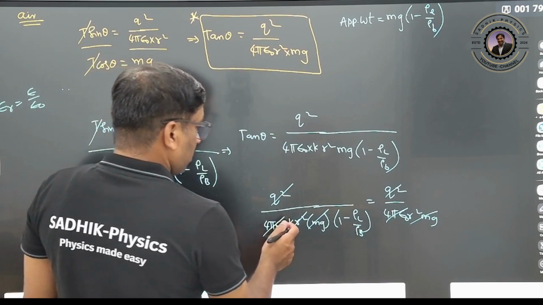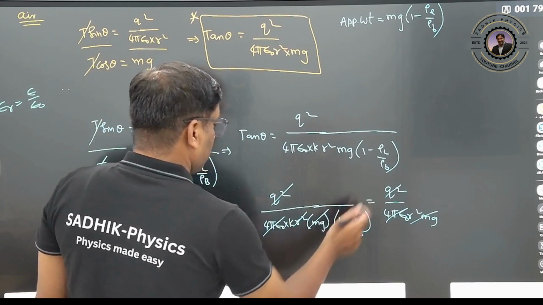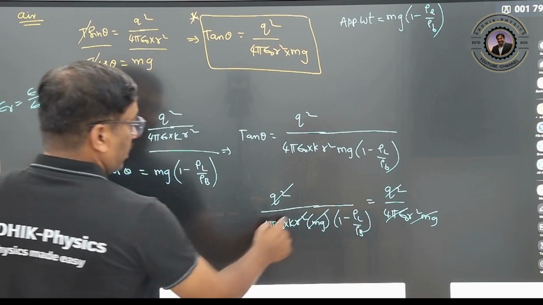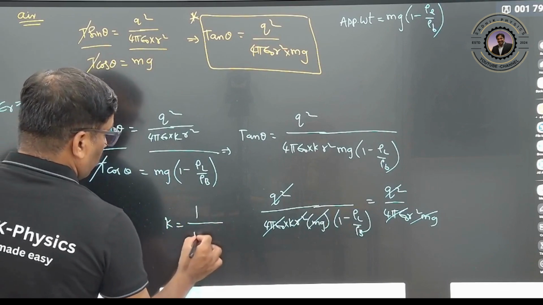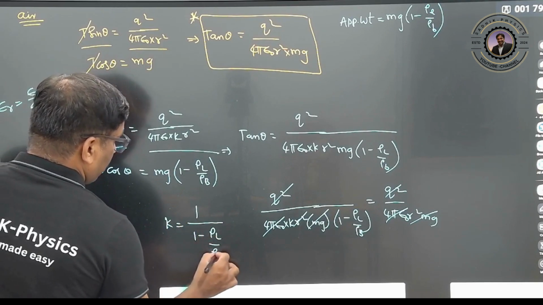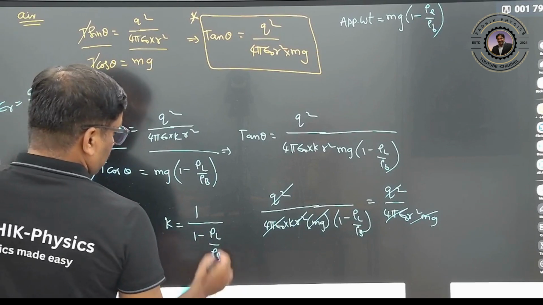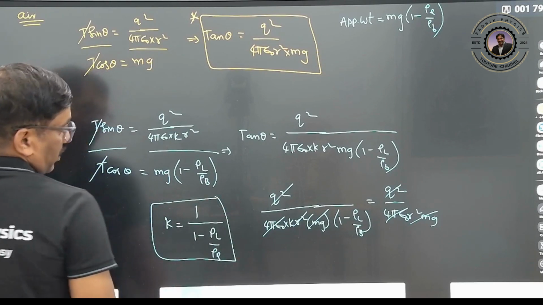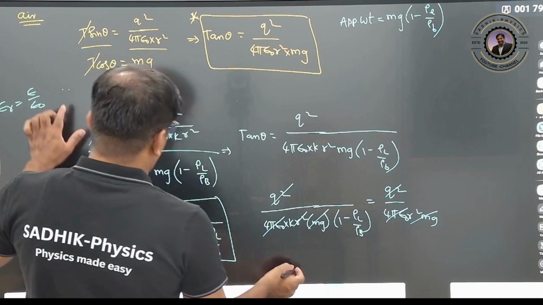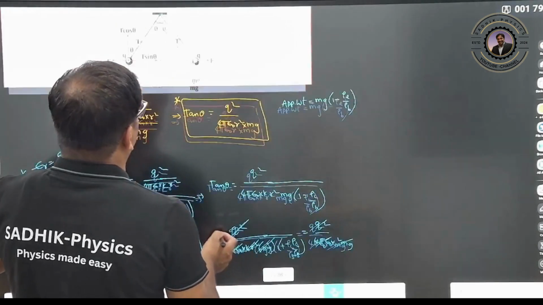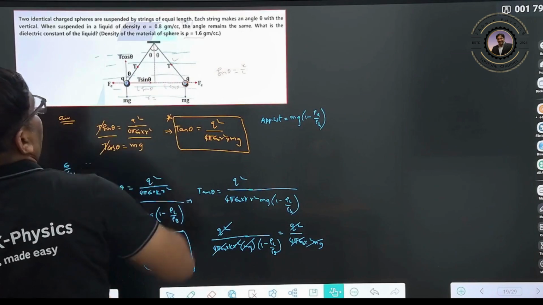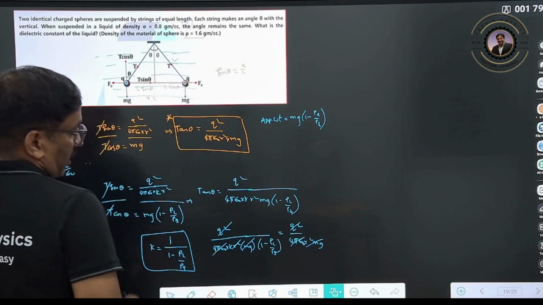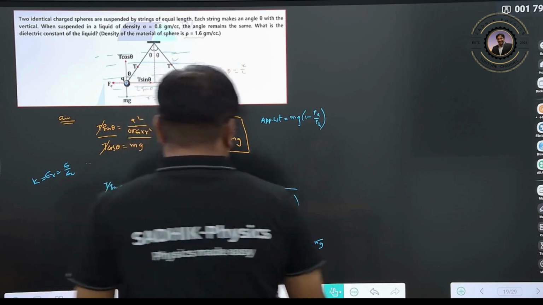Yes or no? So therefore here k is equal to 1 by 1 minus density of the liquid by density of the bob, right? So you got a simple formula. Then what is the density of the liquid? Density of the liquid is 0.8, density of the bob is 1.6.